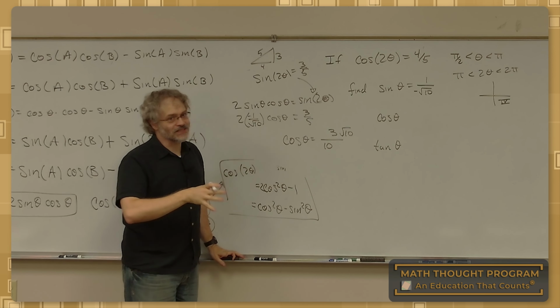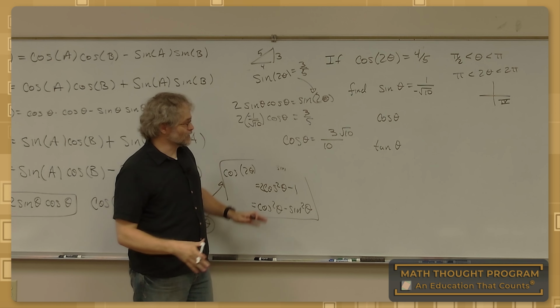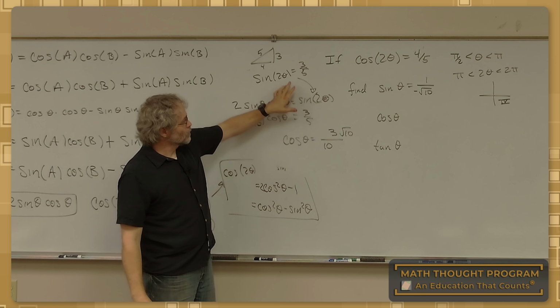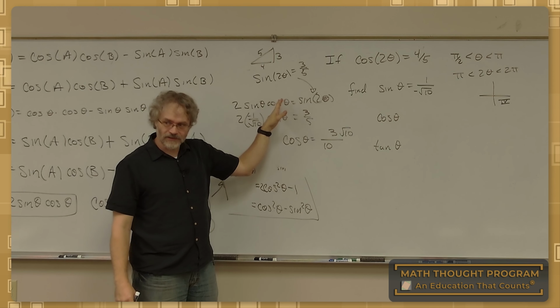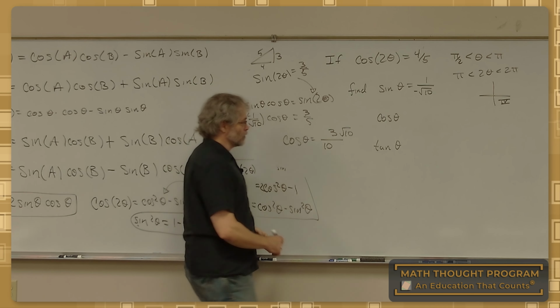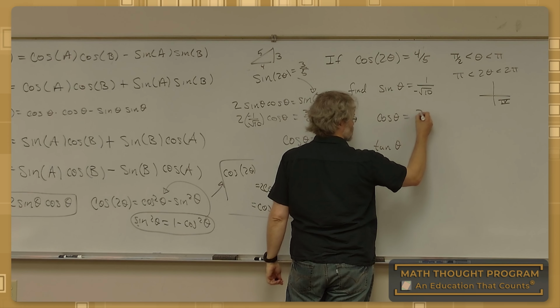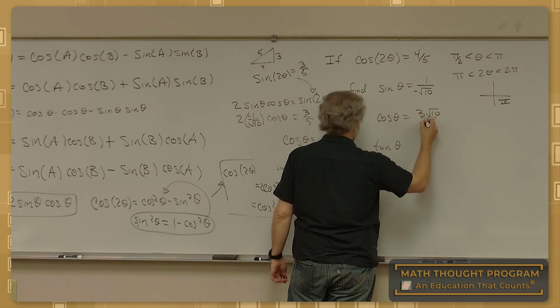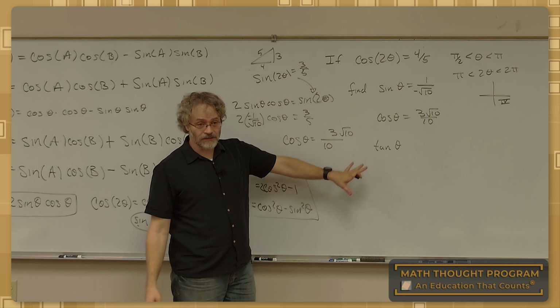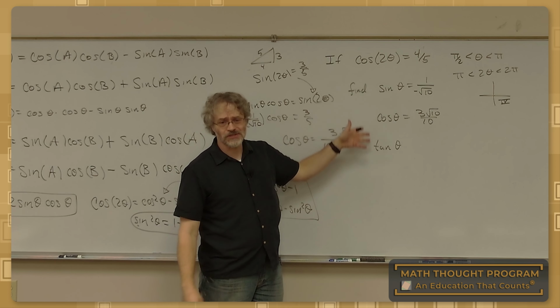We had to adjust it a little bit here because we're going to be in quadrant 4. Remember, we had to decide if we're taking the positive or the negative. So it's a little bit of a fudge factor you have to worry about, but this is what you would get in the end. And if you want the tangent, you could go through the identities or just take the ratios.